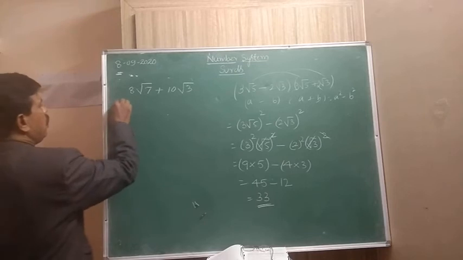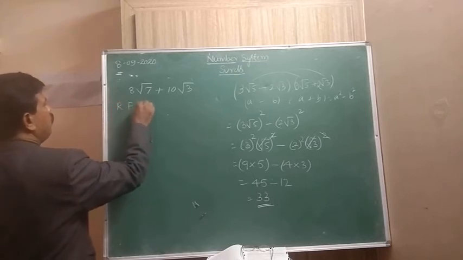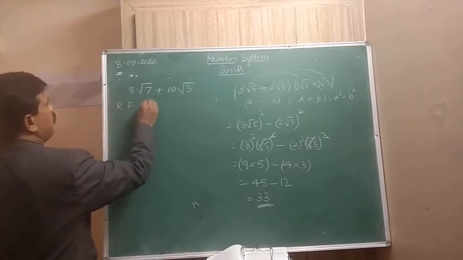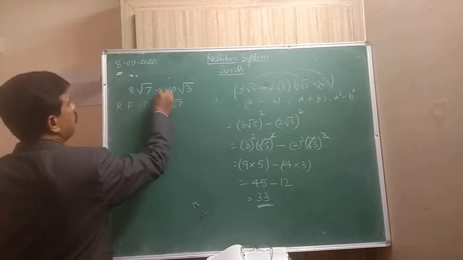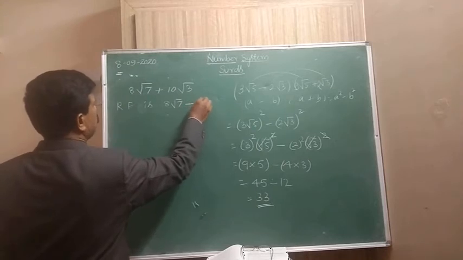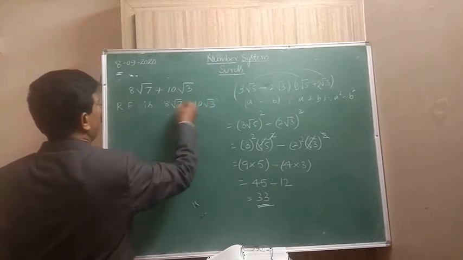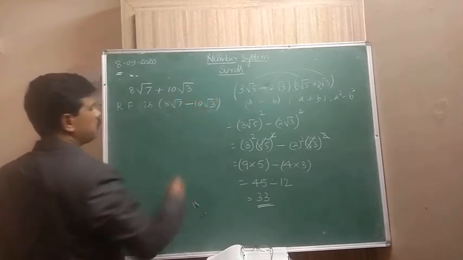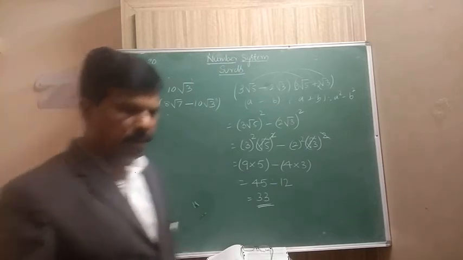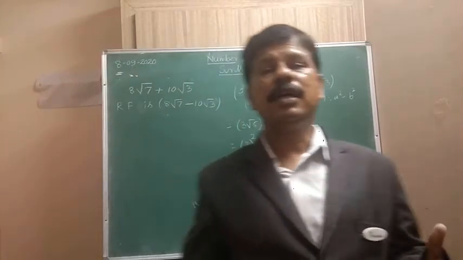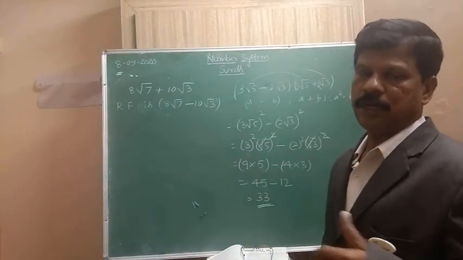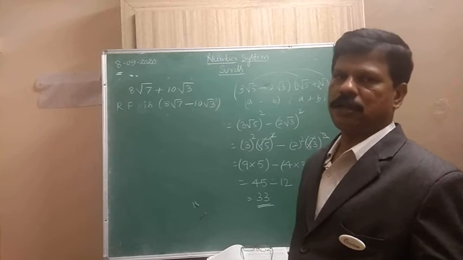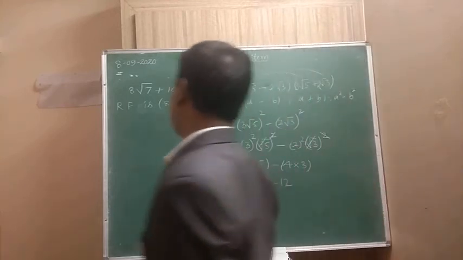Then RF of it, or you can write RF is 8 root 7, with a sign change, 10 root 3. So this is very important in rationalizing the denominator. So how to write the RF, because it is there in the 10th standard also. So you learn here itself.